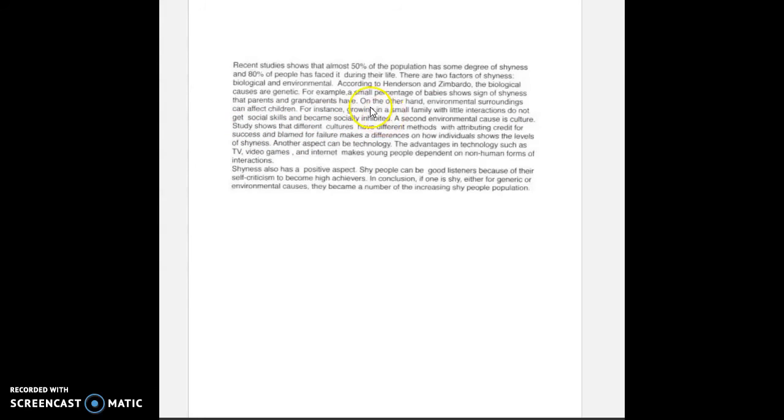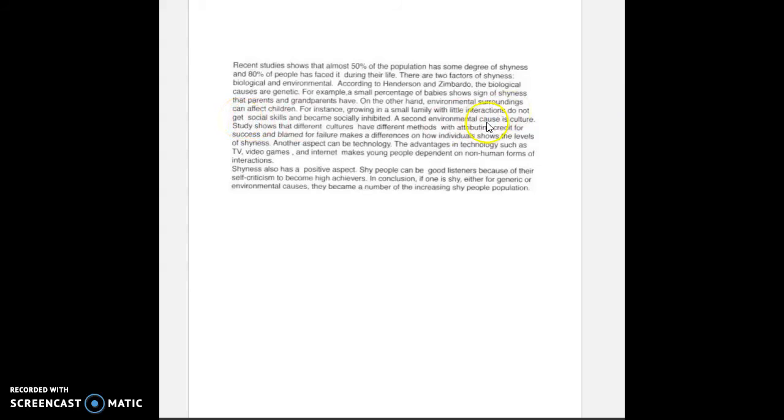Okay, so there's a problem with this sentence because your subject is growing. Okay, in a small family with few interactions just explains more about how they're growing. So this is your grammatical subject. So it doesn't agree with your verb. Does not.